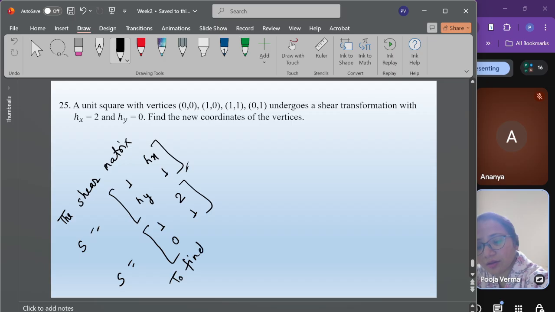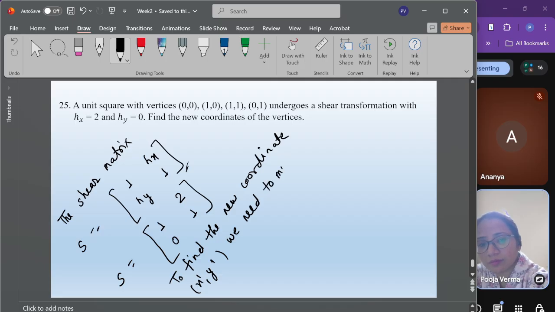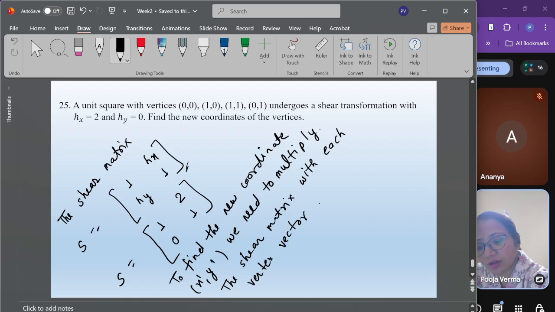To find the new coordinates, that is x dash and y dash, we need to multiply the shear matrix with each vertex vector to find out the new coordinates.